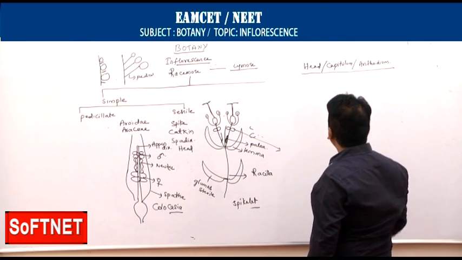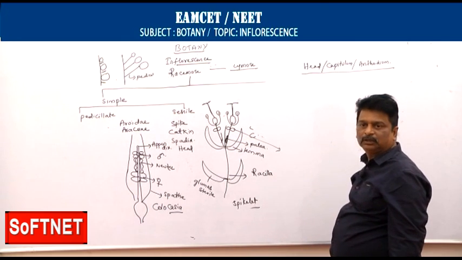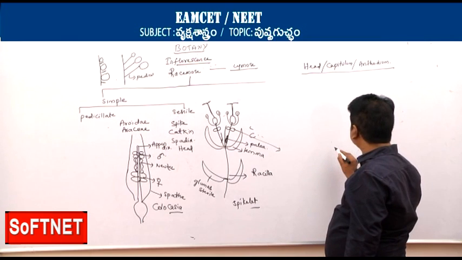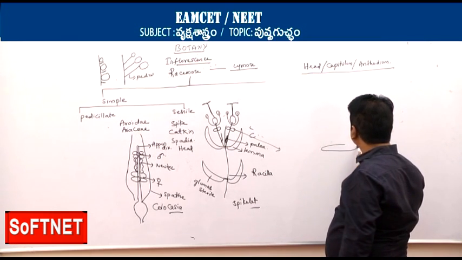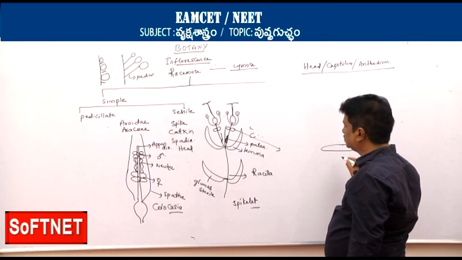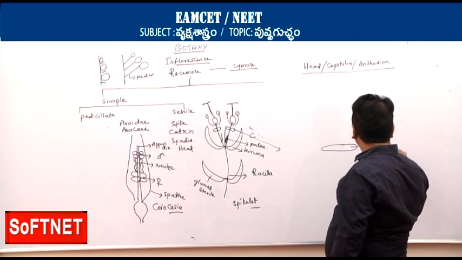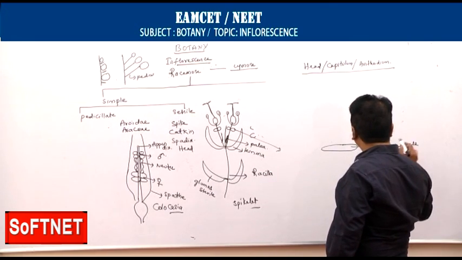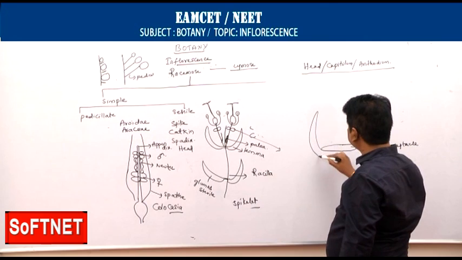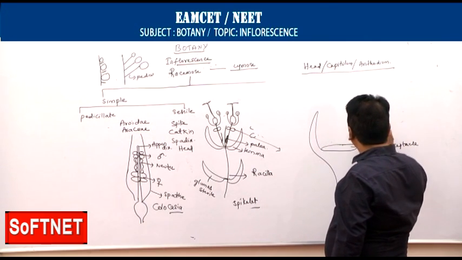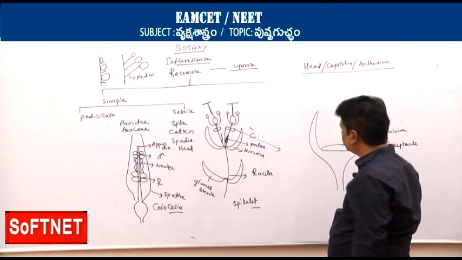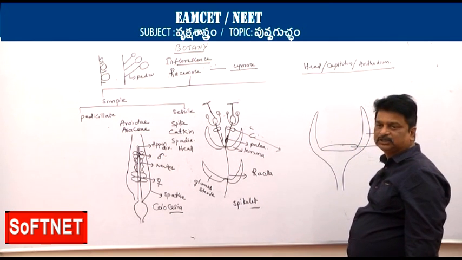Head, capitulum or anthodium. Generally in head inflorescence, the peduncle has a flat end, that flat peduncle is called a receptacle. This receptacle is enclosed by a row of bracts. This row of bracts is called involucre.